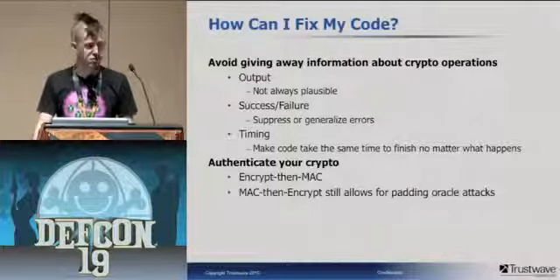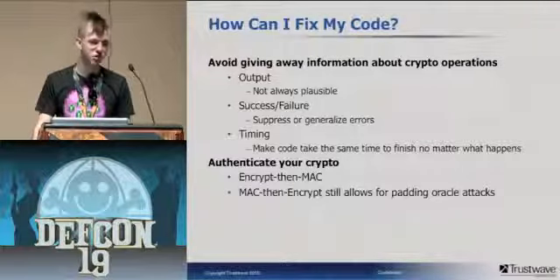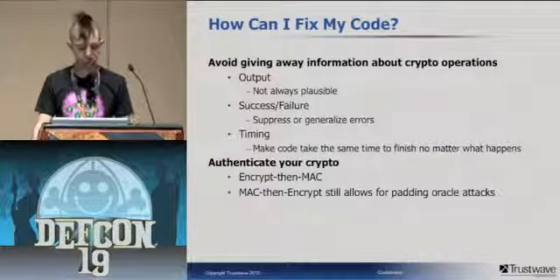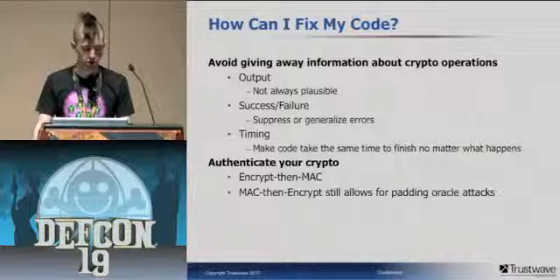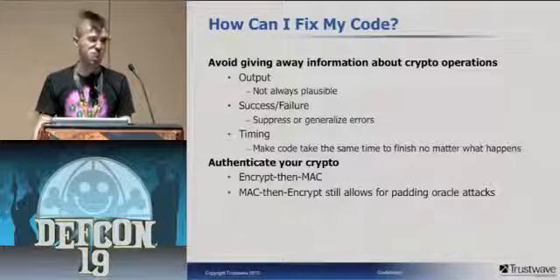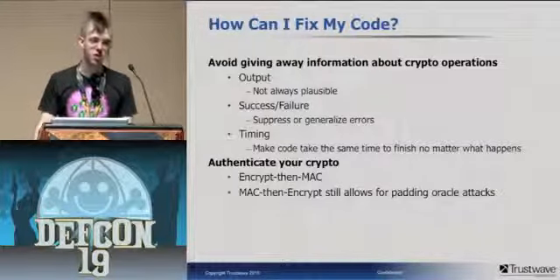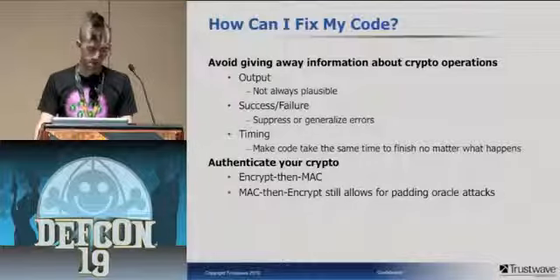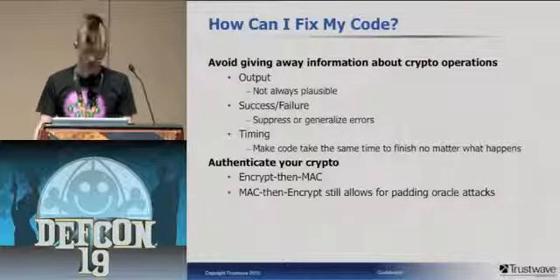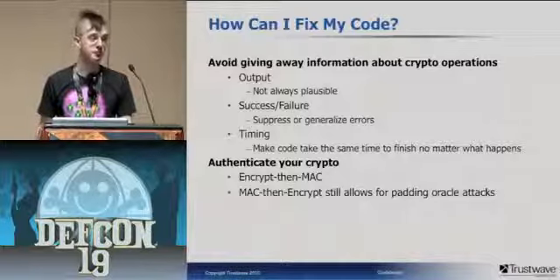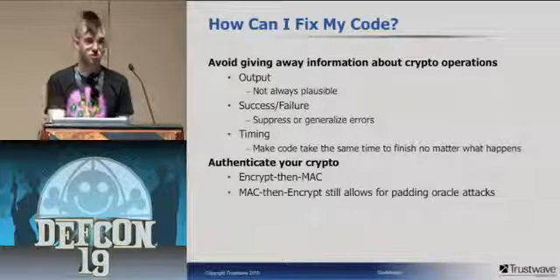So that's good stuff. Try to suppress any indication of success or failure if you can. Again, that's not really terribly plausible in a lot of situations. And timing, if you really want to go the extra mile, try to suppress that. But that's, I think, more trouble than it's worth. It's worth noting, however, that timing information can give away the success or failure of an operation.